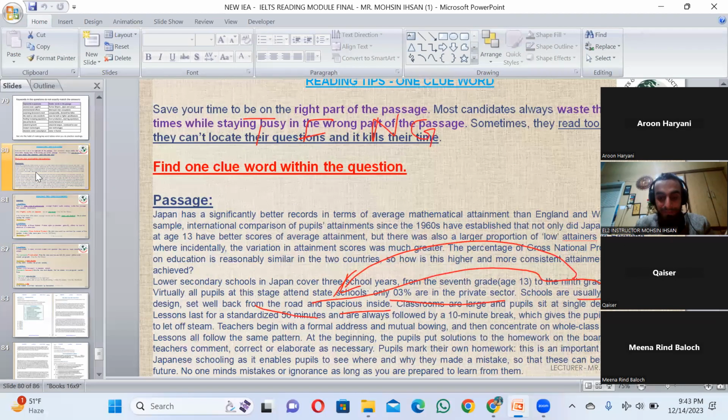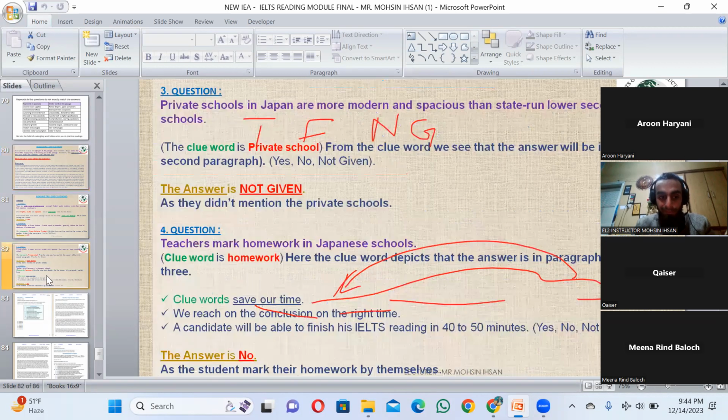इसमें स्पेशियस और मॉडर्न लोअर सेकेंडरी स्कूल को कहा गया है और उसमें जापान के प्राइवेट स्कूल को कहा गया है स्पेशियस और मॉडर्न। तो हो सकता है प्राइवेट इससे ज्यादा अच्छे हों। Sir, actually, there is written something. The private schools are more modern than the other schools which the state is running, right?